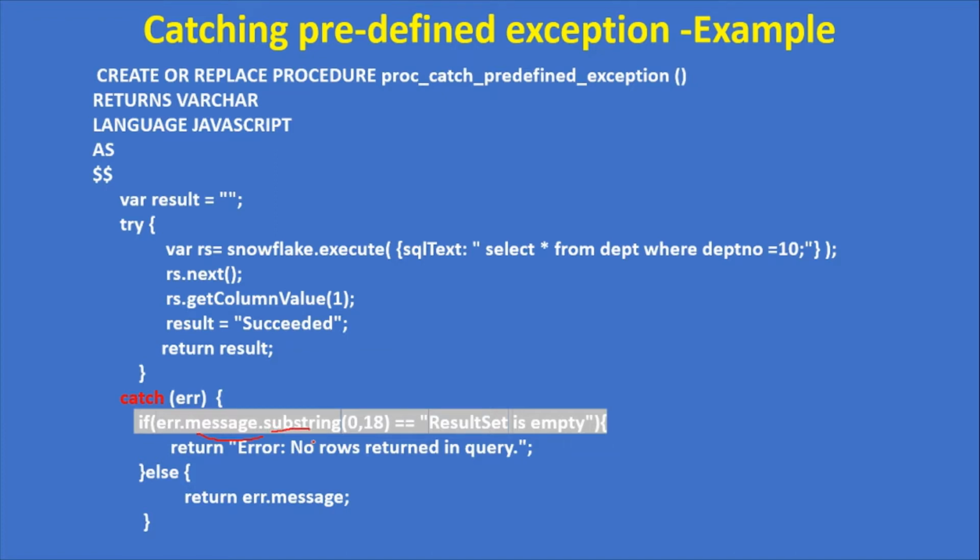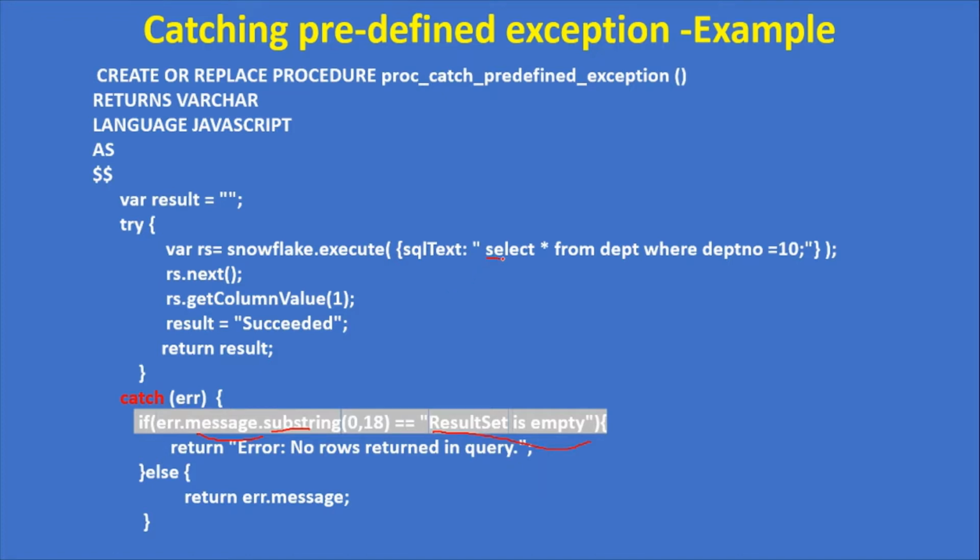This is the JavaScript substring function. The starting position should be 0, and this is 18 characters in length. That's why here I mentioned 0 to 18 equal to result set is empty. Then return error: no rows returned in query.